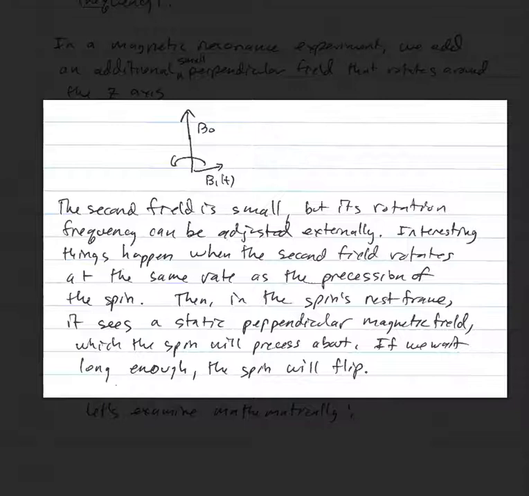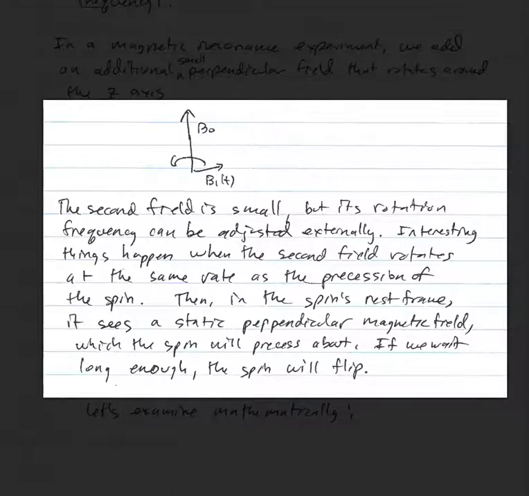Now, you might think about this and say, well, perhaps something interesting might happen if the frequency of the rotation of that magnetic field was the same as the precession frequency of the spin as it precesses around the magnetic field axis. And indeed, that is the case. When that second field rotates at the same rate of precession, then in the spin's rest frame, it sees a static perpendicular magnetic field, and whenever a spin sees a magnetic field, it will precess about it.